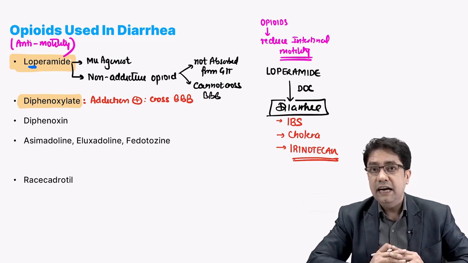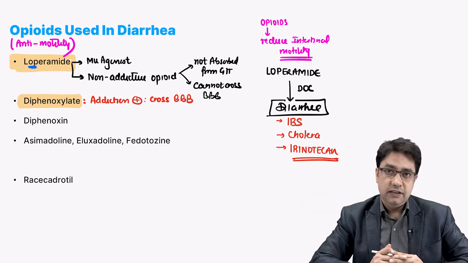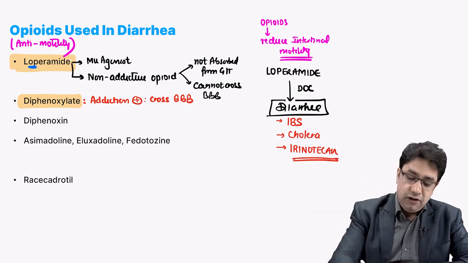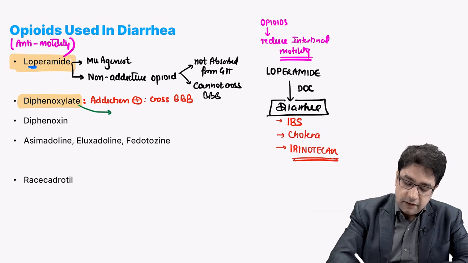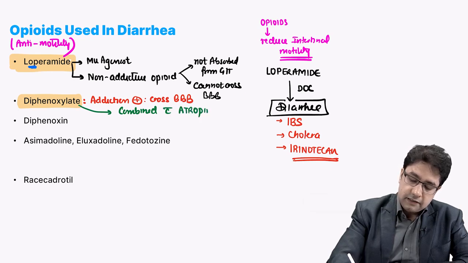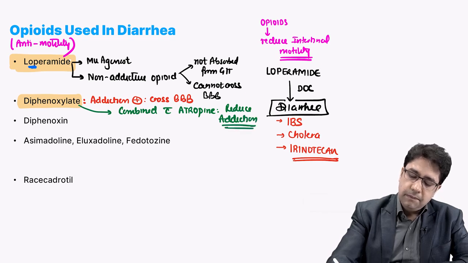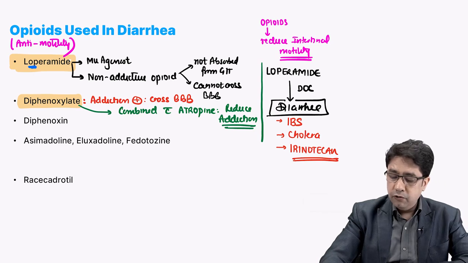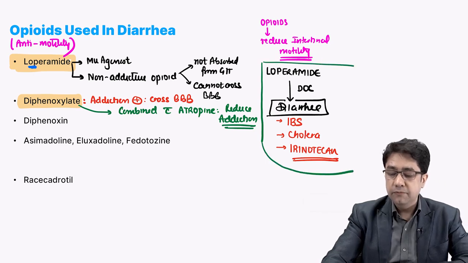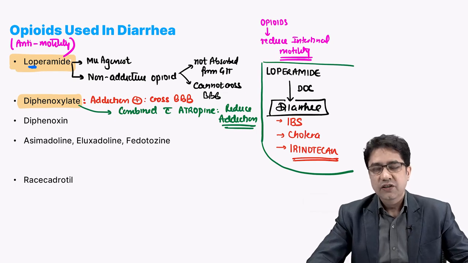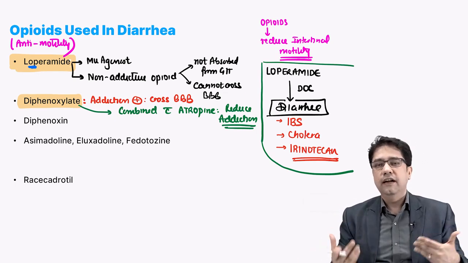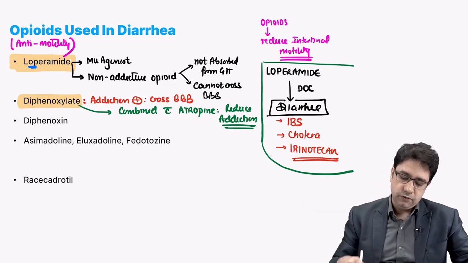To reduce this addictive potential of diphenoxylate in earlier times, we used to combine diphenoxylate with the drug atropine. Why is it combined with atropine? To reduce addiction. How does atropine reduce addiction? Remember, atropine reduces the GIT absorption of diphenoxylate. If GIT absorption is reduced, the addictive potential of diphenoxylate is reduced.